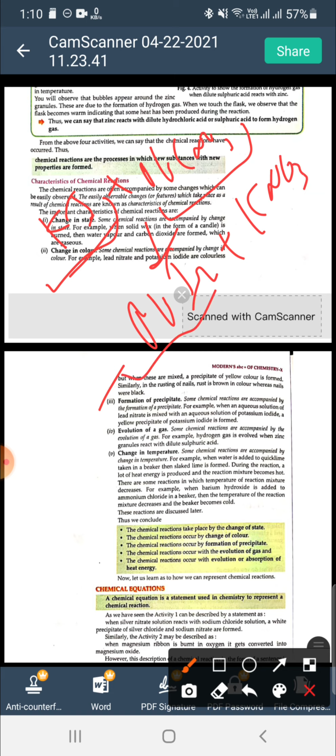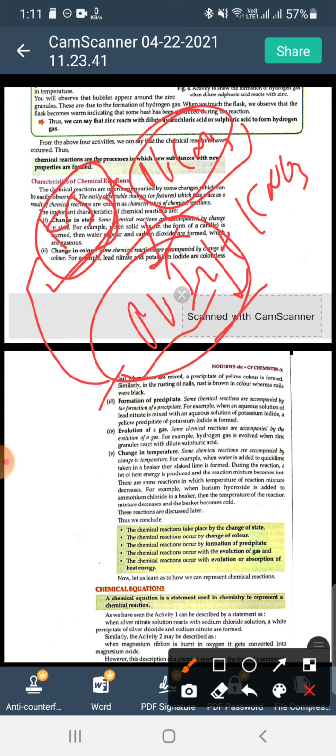So here a precipitate of lead iodide is formed. Now what do you mean by precipitate? Precipitates are the solid products which are insoluble in solution. So here you are taking two liquids and mixing them, and the product formed is solid.